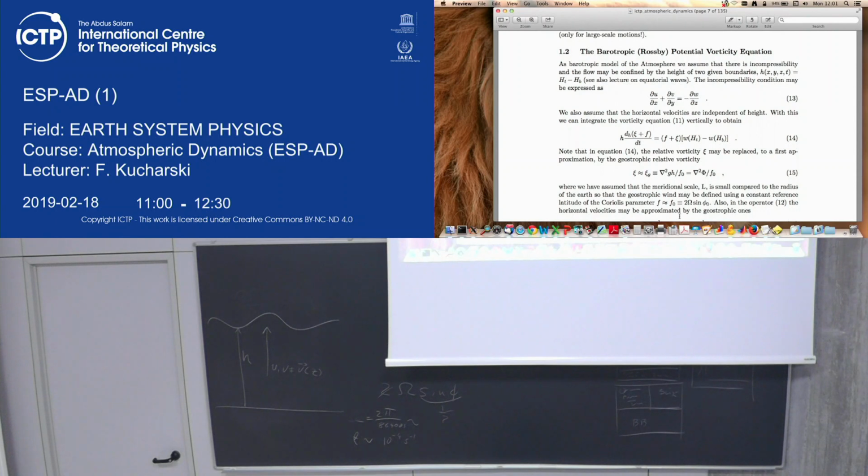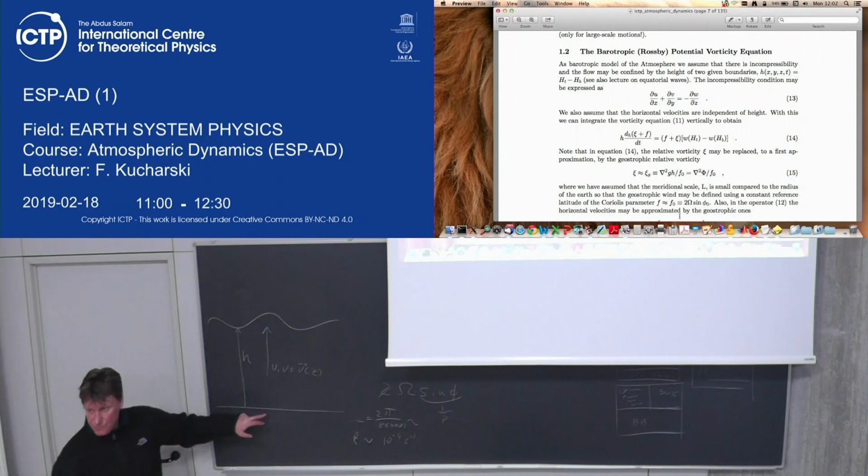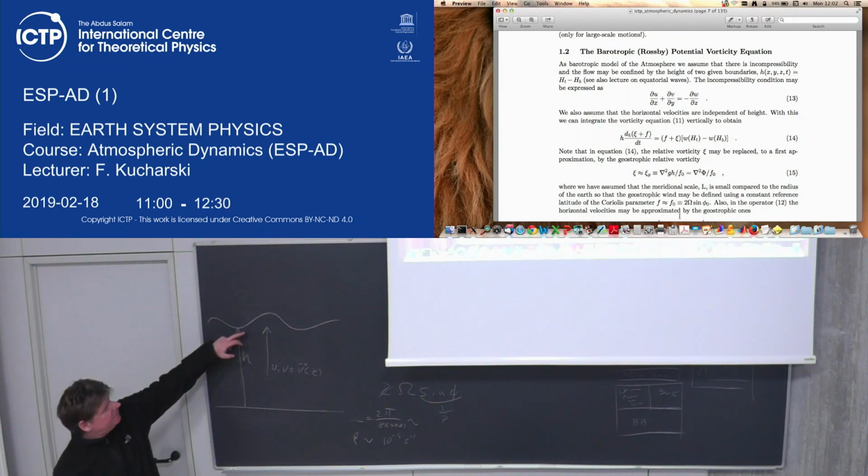So first of all, in the divergence term of the vorticity equation, we replace that by minus dw by dz. And then we integrate this equation from the surface, which can have an orography, so a varying surface or topography, to the top.